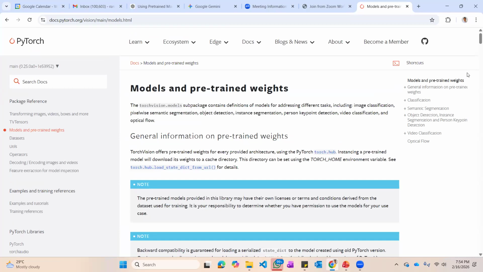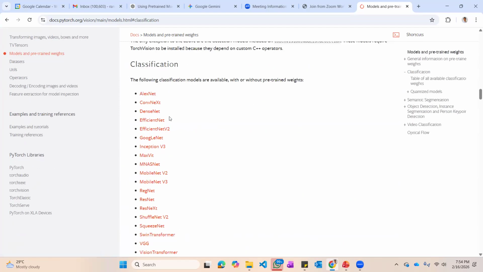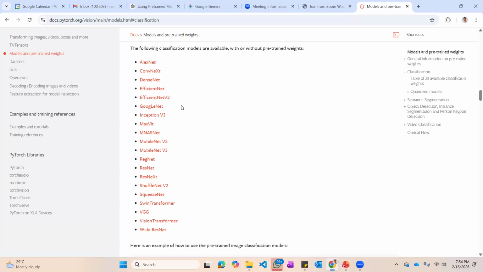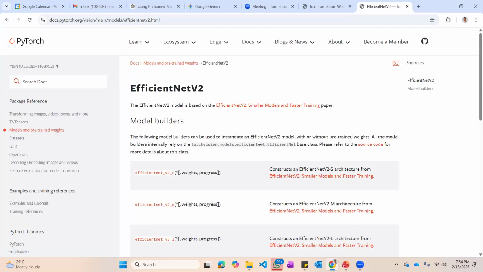So for different kinds of tasks, for image classification and segmentation. So these are classification. So you can see AlexNet, ConvNeXt, all these things are there, but you should know what to use. EfficientNet V2, VGG, Vision Transformers, Wide ResNet, ResNeXt. ConvNeXt is not there, I think. I do not know that actually.